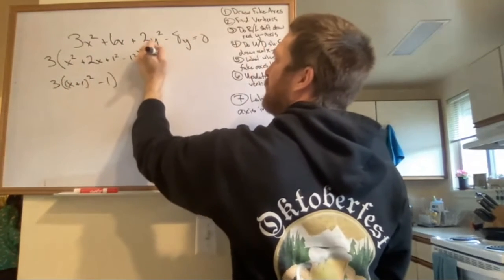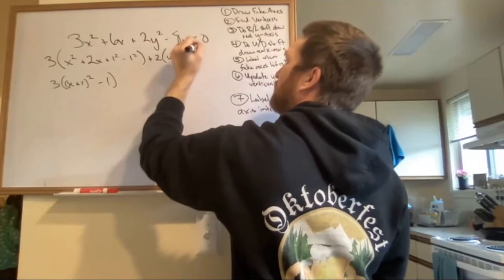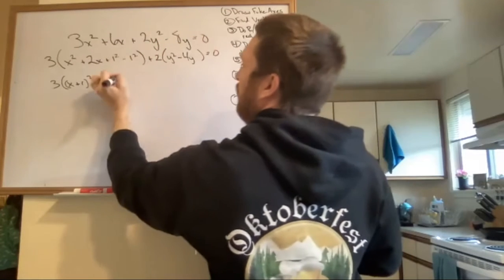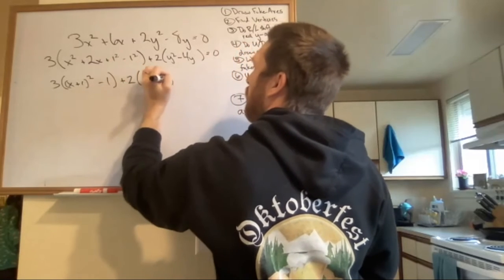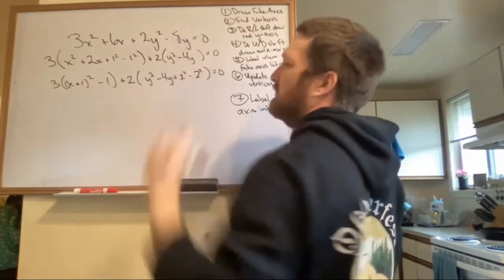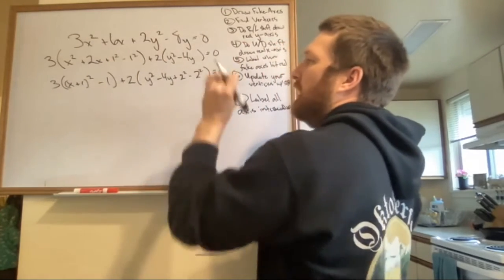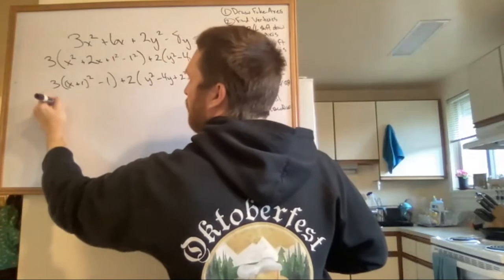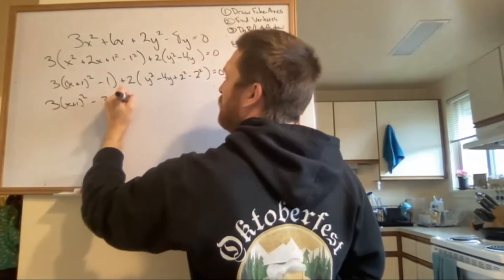And over here, I guess you would have a 2 and a y squared minus 4y. We'd have a 2y squared minus 4y plus 2 squared minus 2 squared. We're keeping those in the parentheses so that when we multiply it back in, we get 3 times x plus 1 squared minus 3, plus 2.